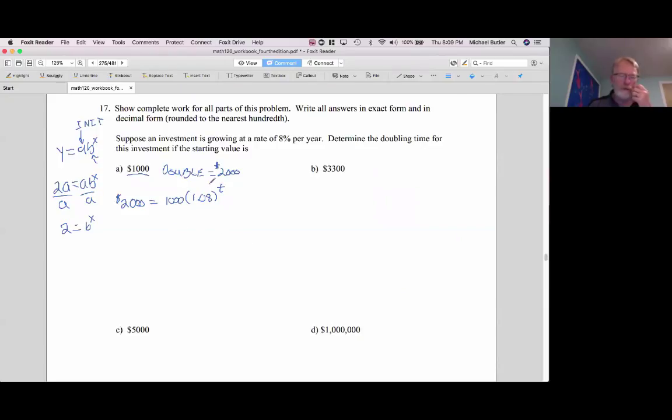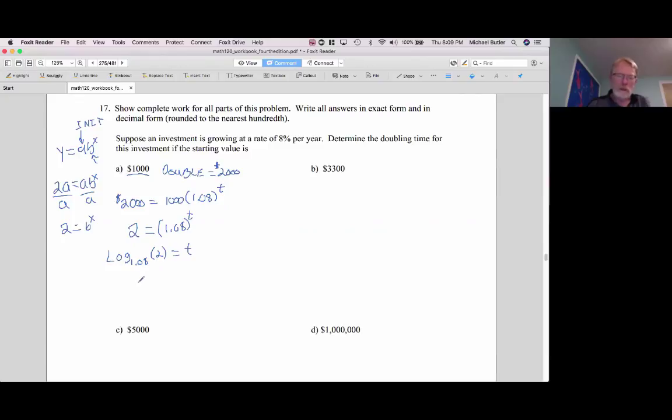All right, so first step, just like we were doing in the previous problems, we divide out the 1,000 and we get 2. 2 is equal to 1.08 to the t, which says the exponent on 1.08 that gets me 2 is equal to t, isn't it, right?